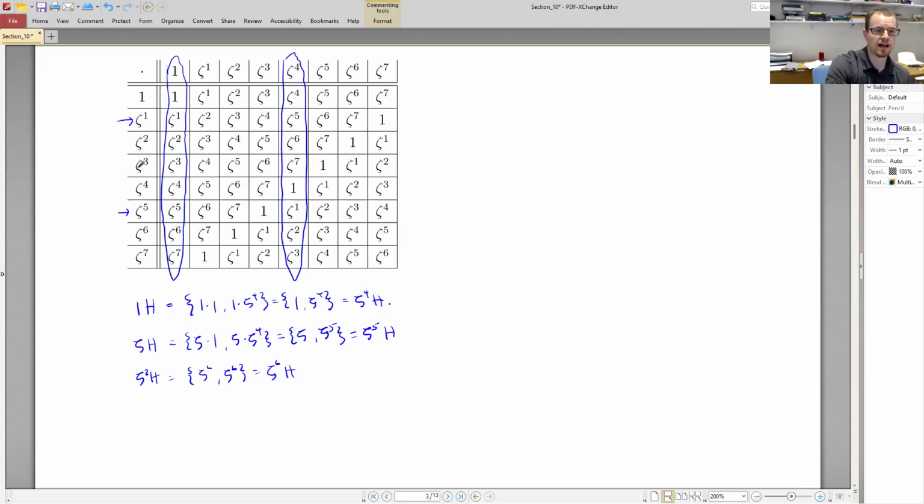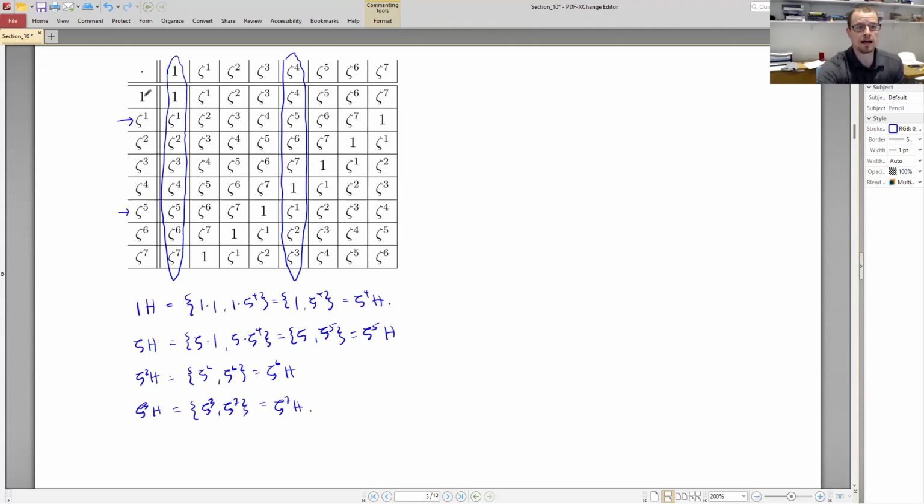And finally, I've got zeta cubed, giving me zeta cubed and zeta to the seventh, which is the same as multiplying by zeta to the seventh.